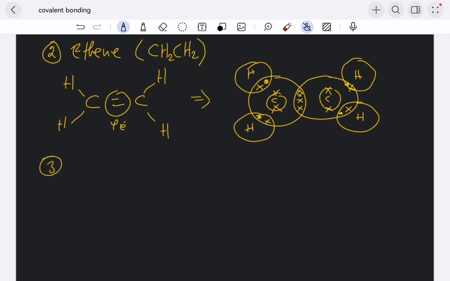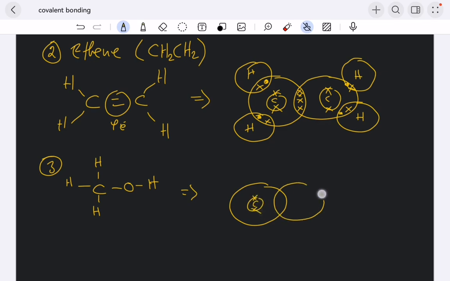Lastly, I can look at an example of a compound like this. Methanol. So I can take this compound back to covalent bonding. So it can be carbon bonded to oxygen, then this oxygen is bonded to hydrogen, then there's this hydrogen.